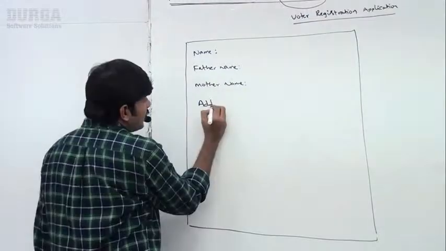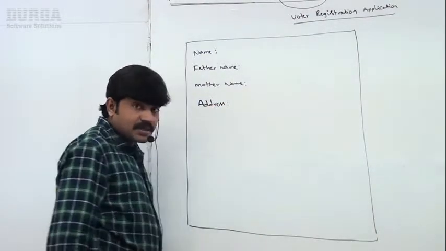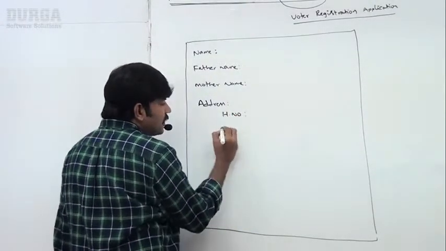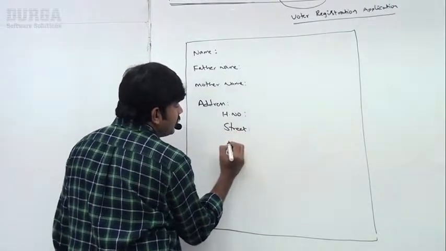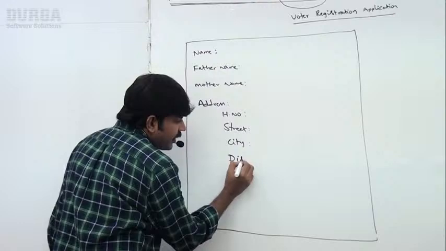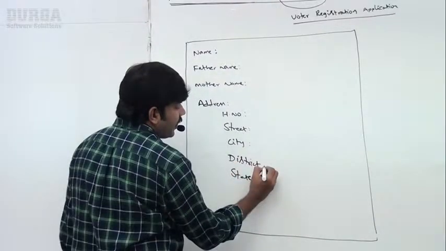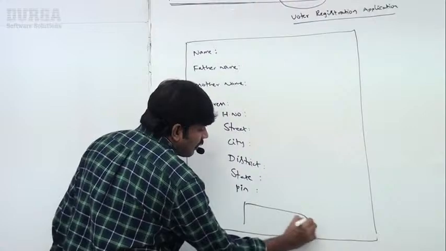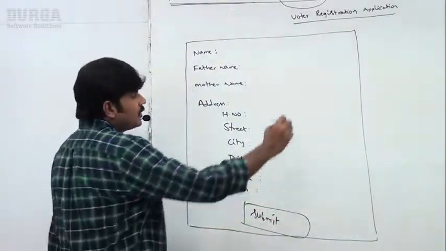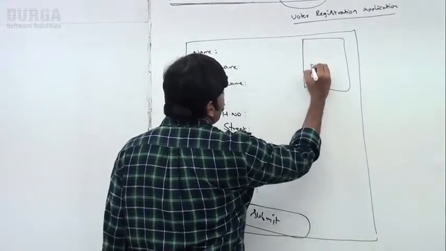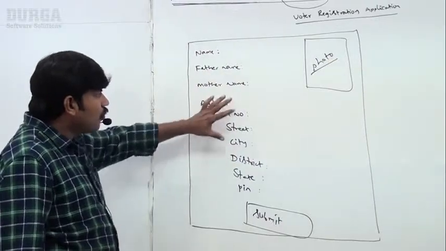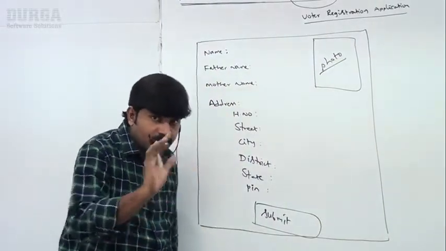Next, address, because voter ID acts as address proof also, like house number, next street, next city or village, next district, and then state, like pin number, and at last a submit button. Of course multiple fields will be there. Next, here we are required to upload our photo also. Assume that, sir. Okay, this is a small voter registration application. I'm trying to do that.